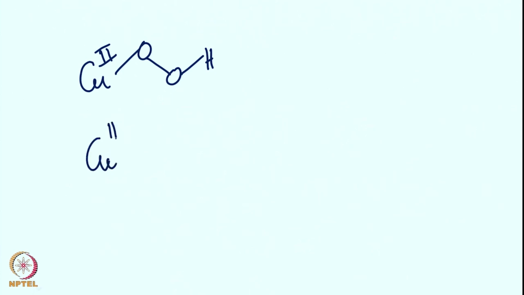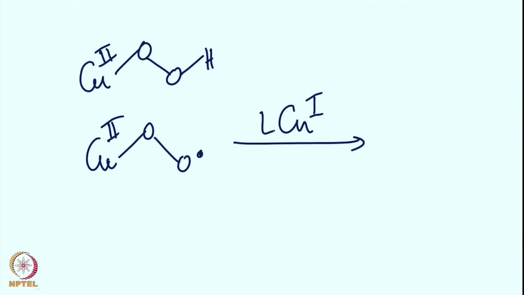But let me try to say that this copper(II) OOH, the species that we were discussing earlier, or even copper(II) OO superoxo species, these can then react with copper(I) ligand copper(I) to give you this copper(II) OO.